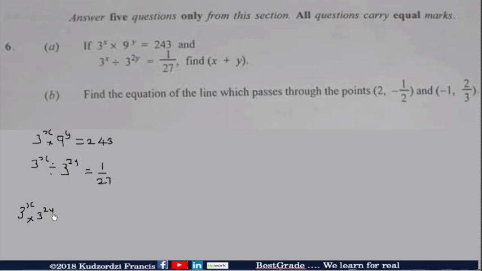Then this will give us 3 exponent 5. Then for this one, we have 3 exponent x already there, then divided by 3 exponent 2y. Then 1 over 27 is 1 over 3 exponent 3.